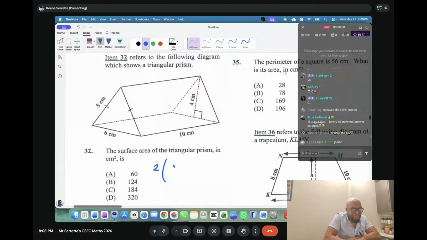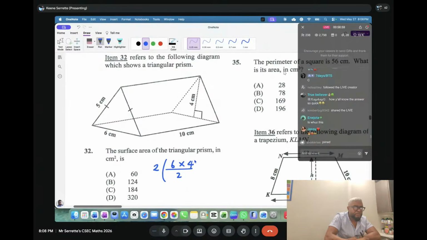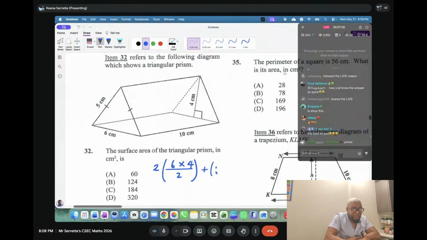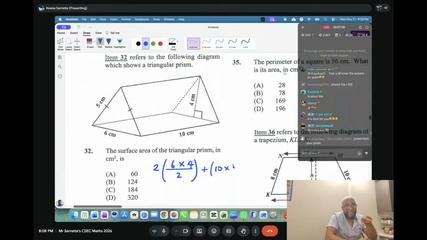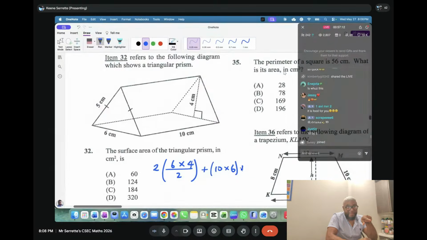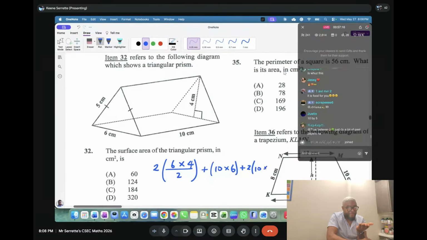What's the base of the triangle, multiplied by the height of the triangle, all over 2, plus the rectangles, all 3. I'll put 10 by 6, and then 10 by 6 underneath, and 2 of 10 by 5.